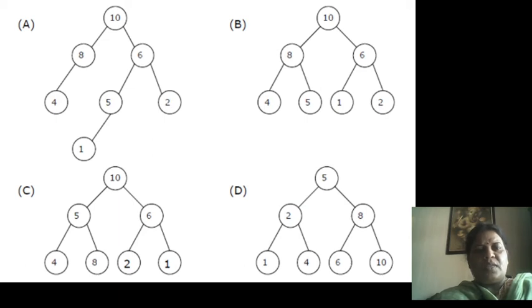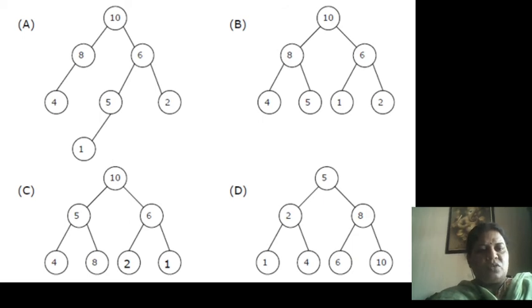Let us go for the next tree, labeled C. As discussed before, C and D are also complete binary trees. But whether parental dominance has been maintained, let us start from the root. The children of the root are 5 and 6. 10 is greater than 5 and 6. So at this level the parental dominance is maintained.